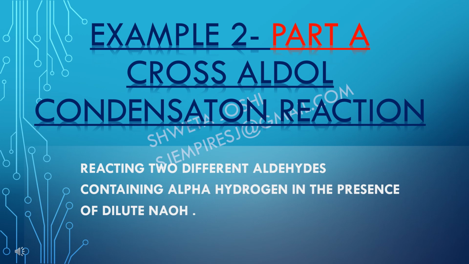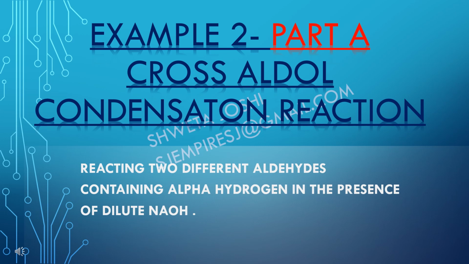For our second example of cross-aldol condensation reaction, we are going to take two different aldehydes. As multiple products are possible in this case, this example is divided into two parts.